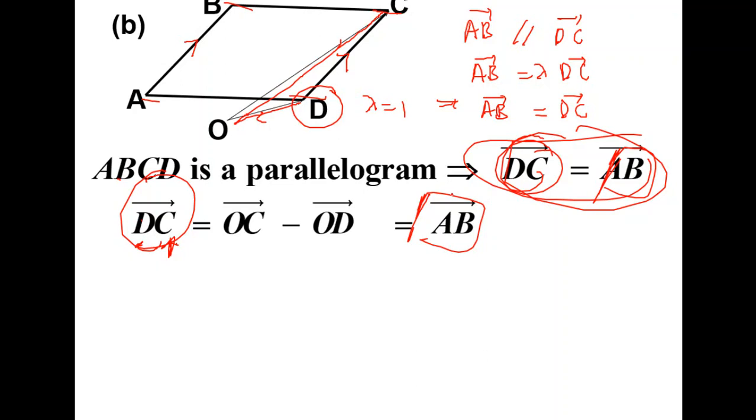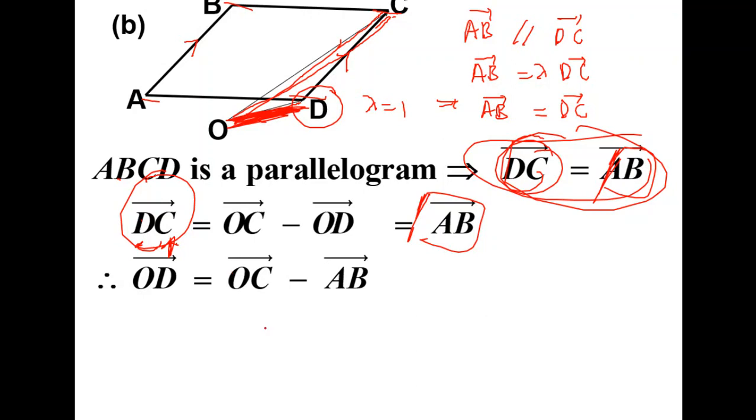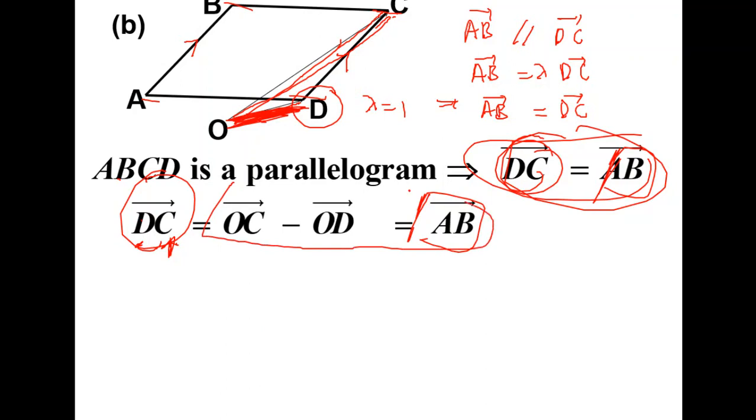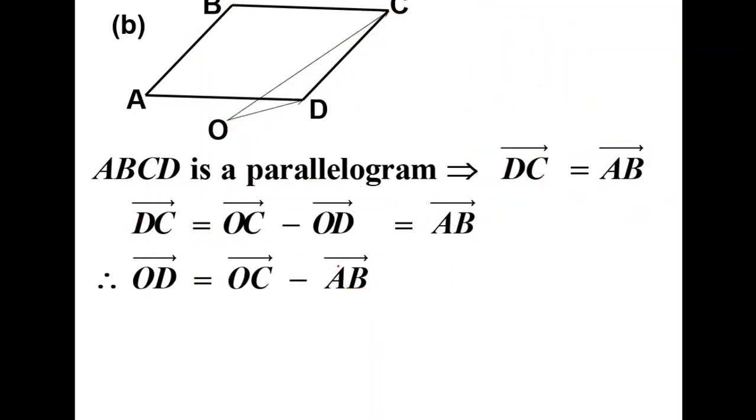Then OD is equal to OC minus vector AB. Take this statement: OD is equal to vector OC minus vector AB.